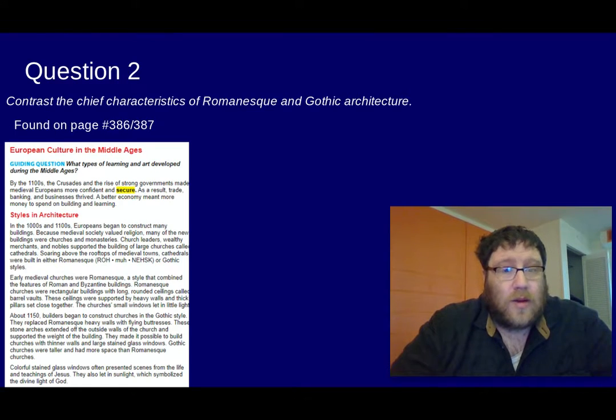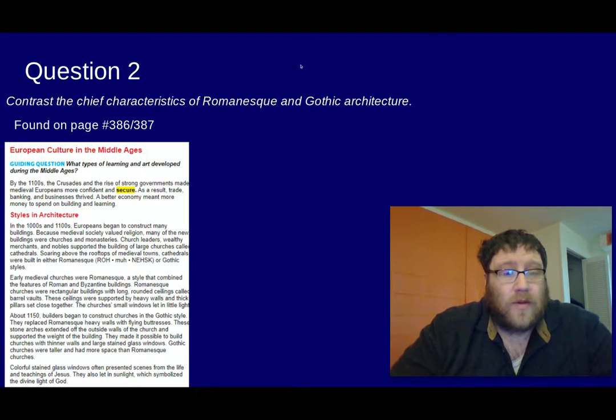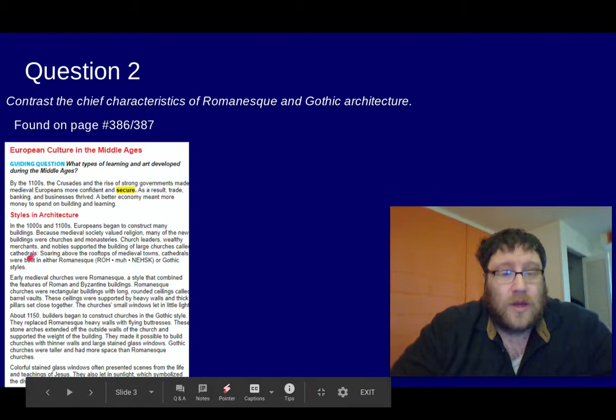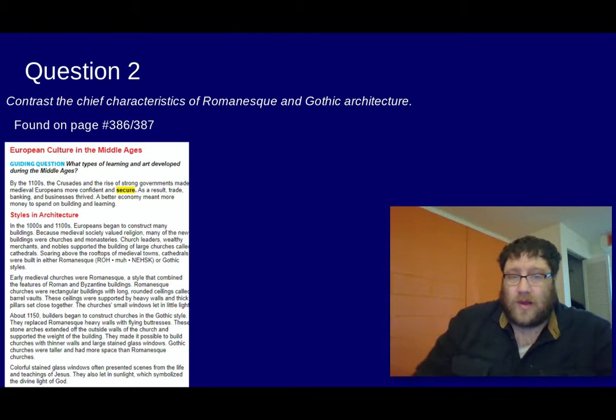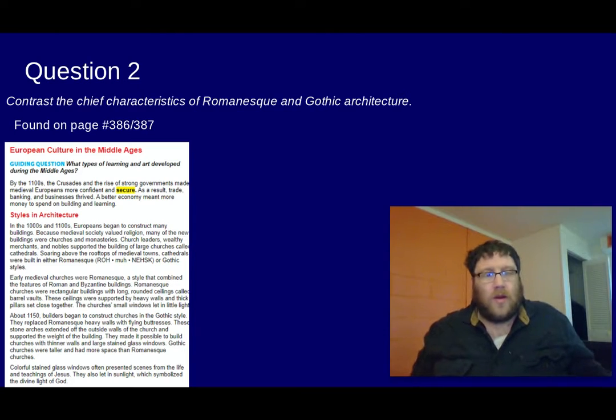Europeans began to construct many different buildings because medieval society valued religion. Most new buildings were churches or monasteries. Church leaders, wealthy merchants, and nobles supported the building of churches called cathedrals. Many of the medieval churches were Romanesque, a style that combined the features of Roman and Byzantine buildings.